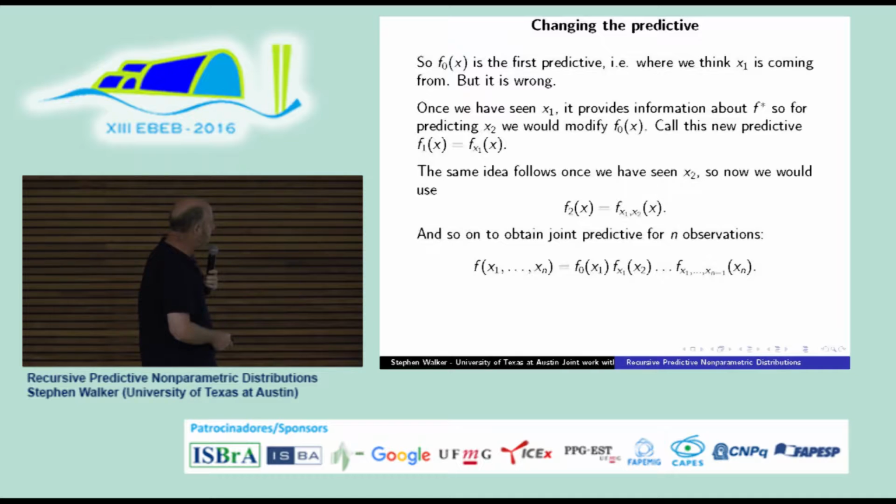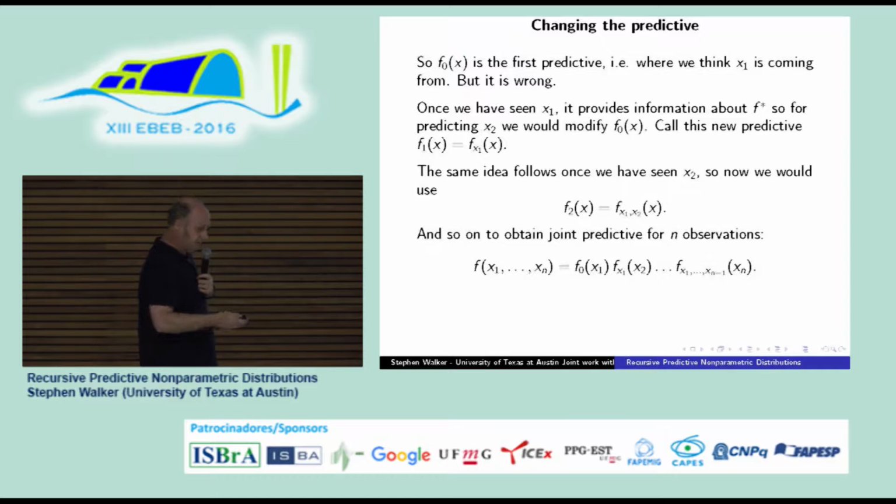So if I've seen x1, x2, I make my predictive for x3 functionally dependent on those. It makes no assumption that x2, x3 depend on x1. It only says that the density from which they come depends on the previous x's, for a very good reason.